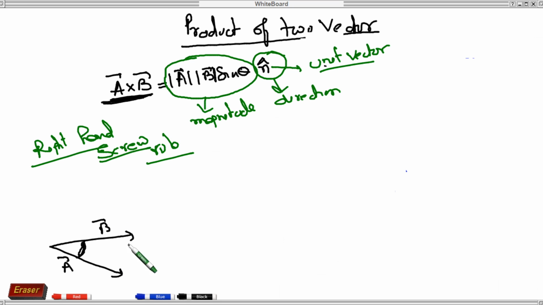You have to open your right hand palm and rotate your fingers towards B, from A to B. When you rotate it, the thumb will show the direction of this A cross B. This will be the direction of A cross B, as we showed it here.